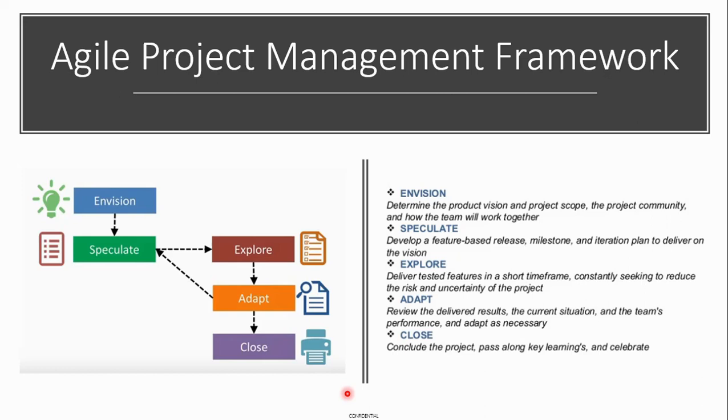Explore, as I said, is the engine, where the development team starts working on iterative cycles, and adapt is the controlling part, the review part. We'll come into details in a little bit. Closing is the closing part of the project.